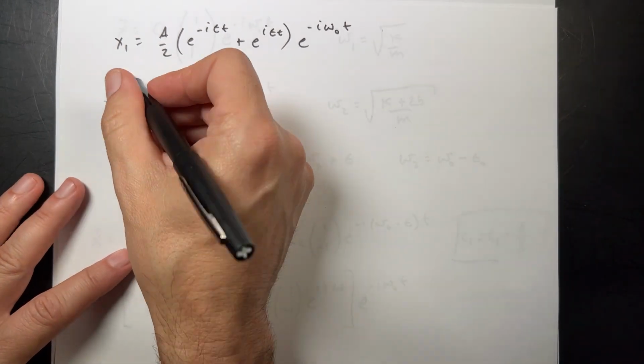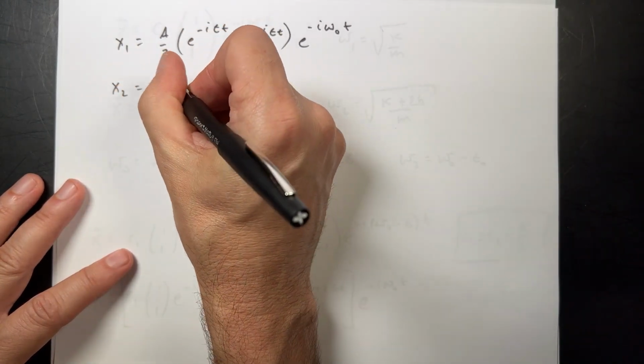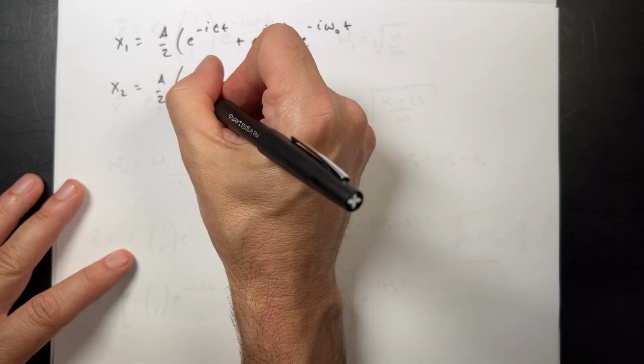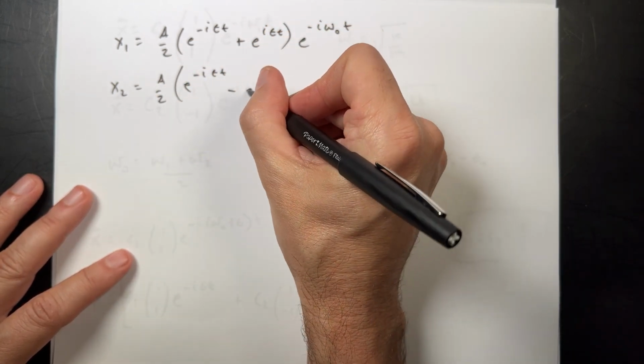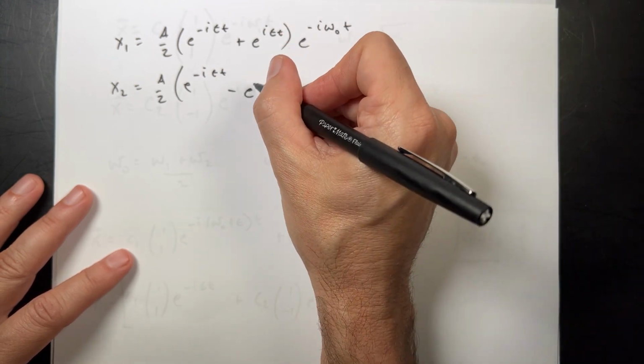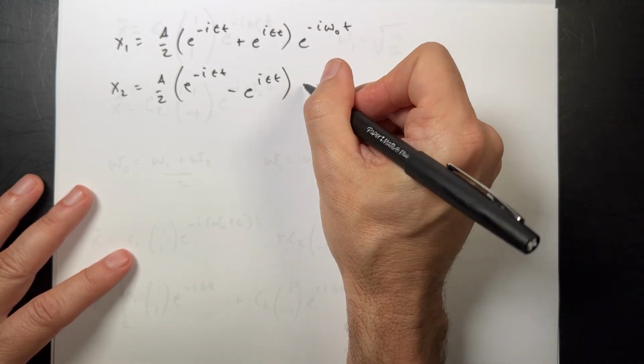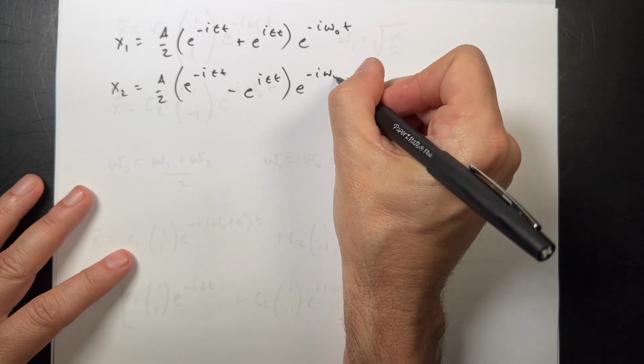And then I can do the same thing over here. x2 is A over 2 (e to the minus i epsilon t minus e to the i epsilon t) e to the minus i omega naught t.